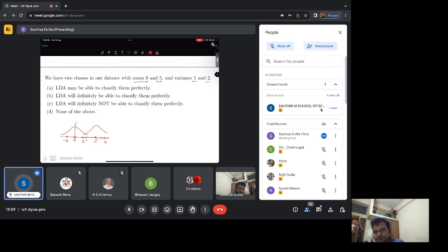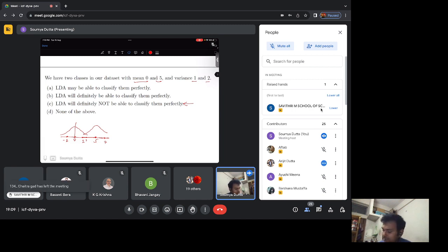The LDA can classify them since there is only a little bit of overlap. So this is a tricky question in that sense. Of course this is not true, right? I mean LDA will definitely not be able to classify them. You cannot say that, because these distributions are actually separated out. However, you see that there is still a little chance that you end up with data points in this region.